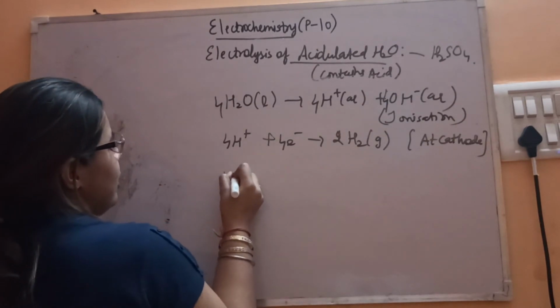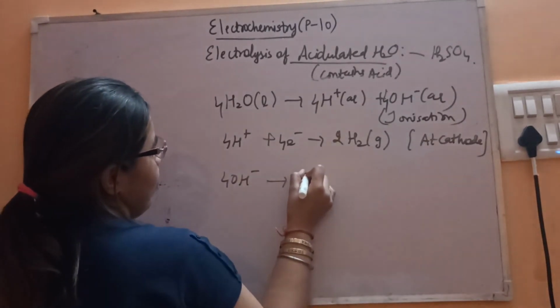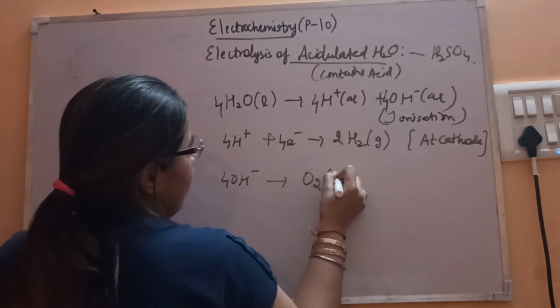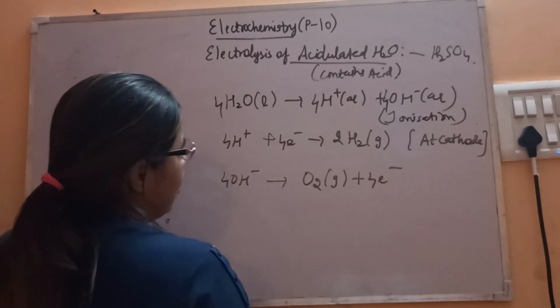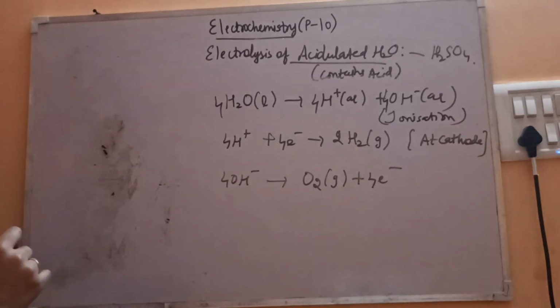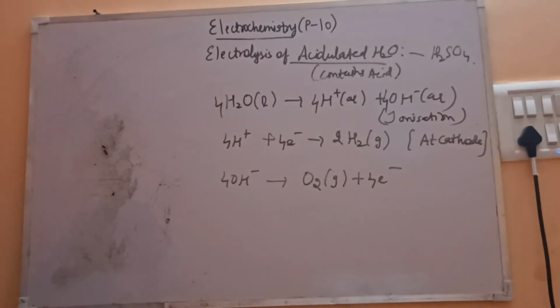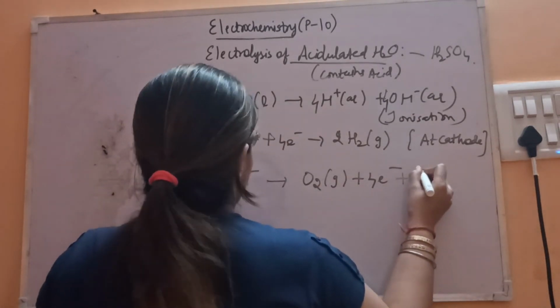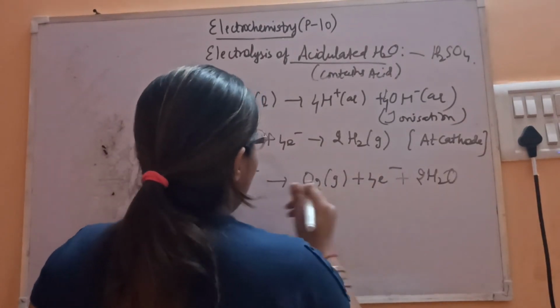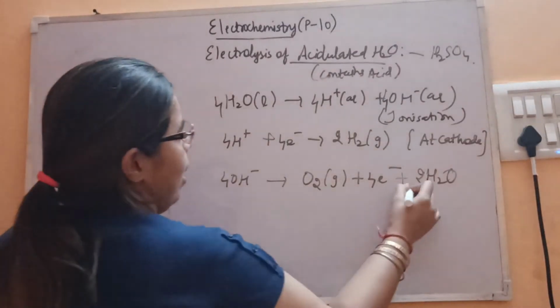And then 4OH minus will form O2 gas and lose 4 electrons, plus 2H2O. Okay, this gets liberated at anode.